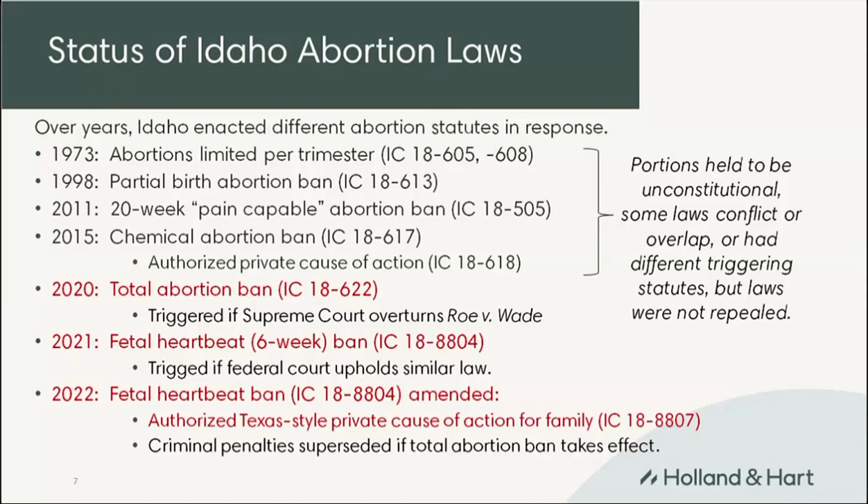In 2021, they passed a fetal heartbeat ban, and that was triggered if federal courts uphold a similar fetal heartbeat ban. And in 2022, they passed an amendment to that fetal heartbeat ban that added a Texas-style private cause of action for family in the case of an abortion. Well, that's the way we were. Roe v. Wade was still in effect, and so I think people thought they'd never really take effect.